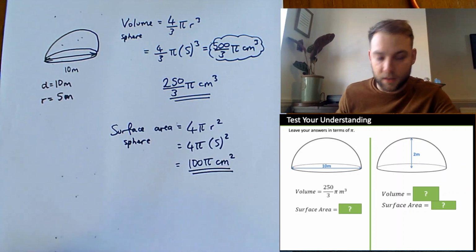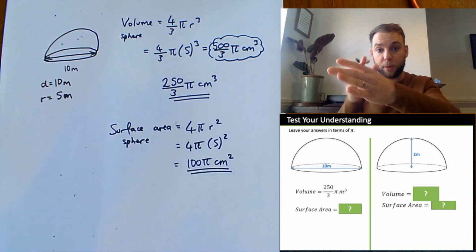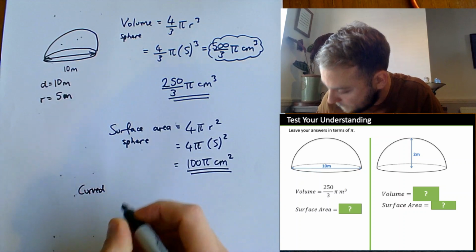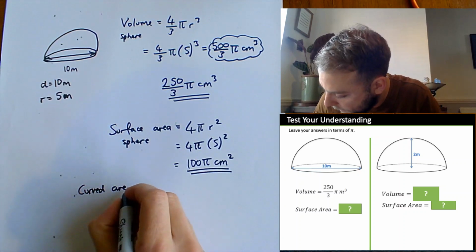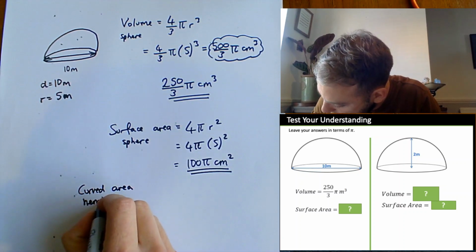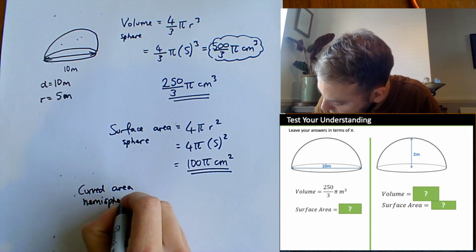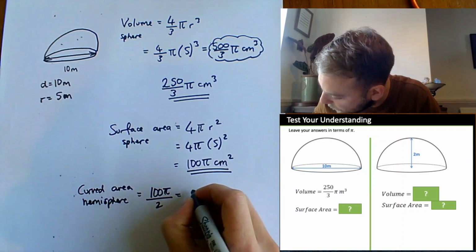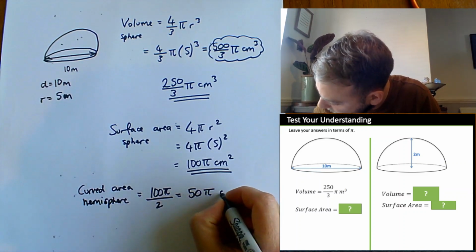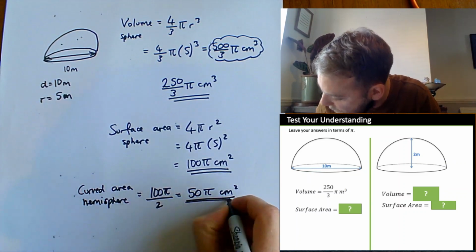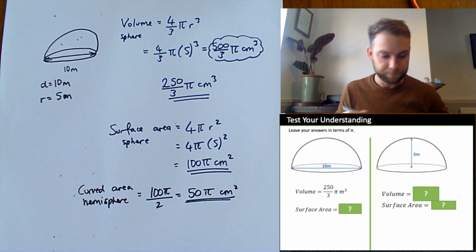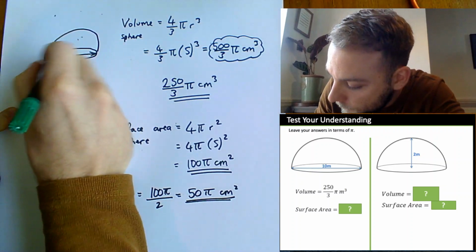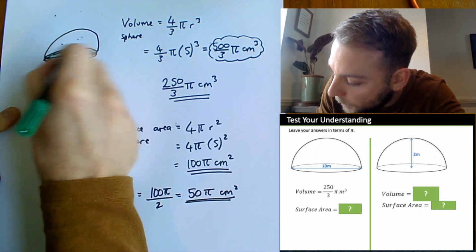So now what I need to do is work out the curved part of the hemisphere by dividing by 2. So the curved area of the hemisphere is equal to 100 pi divided by 2, which is equal to 50 pi centimetres squared, again because it's area. And then the last little part here is that circle on the bottom.